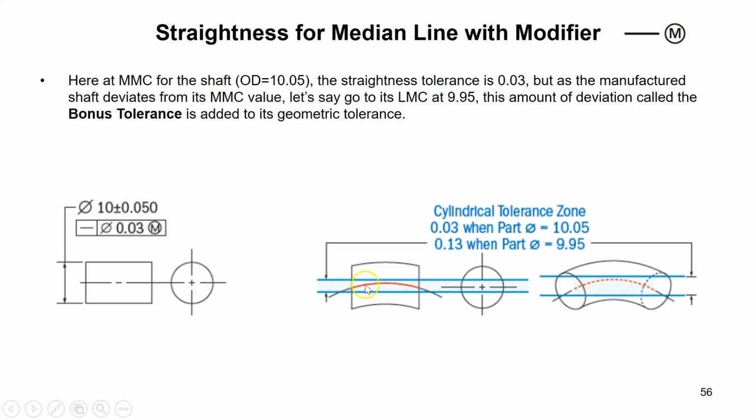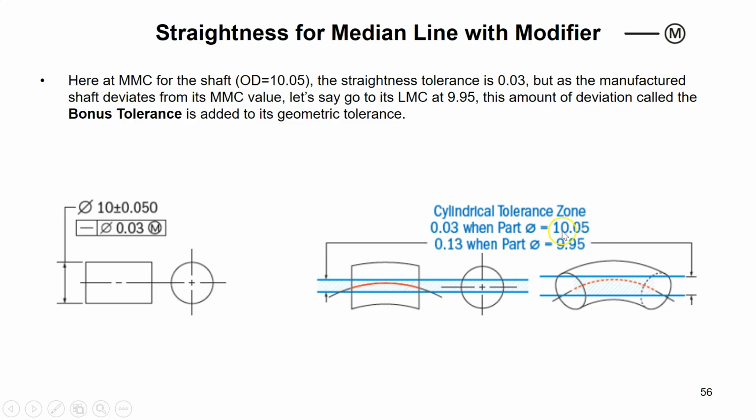So all the bending I can have in this axis is only a gap of 0.03, nothing more, when my shaft is made to the maximum size.